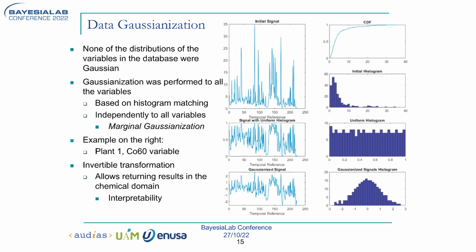So we can transform all the variables into a Gaussian domain where we can use a Gaussian Bayesian network to do the predictions. And after that, we move back to the chemical domain where the distributions are not Gaussian, which allows us to interpret the results again in the chemistry field. Okay. So in that sense, this is quite interesting.